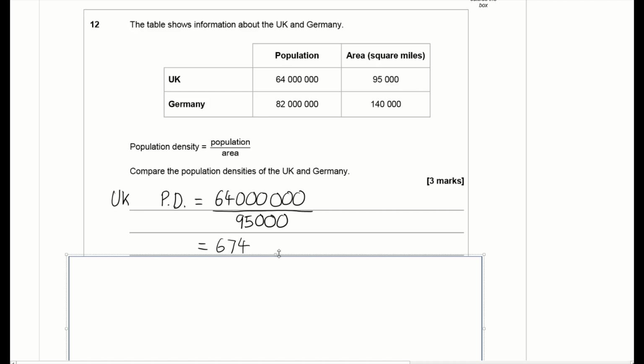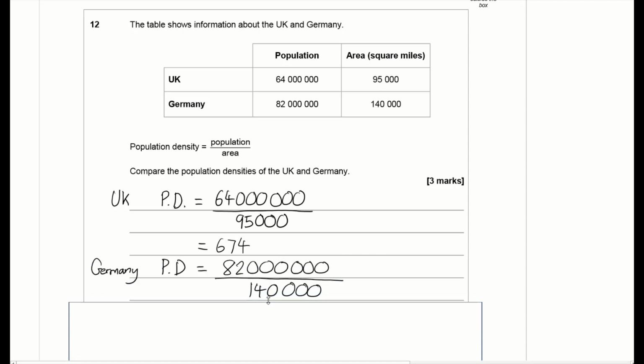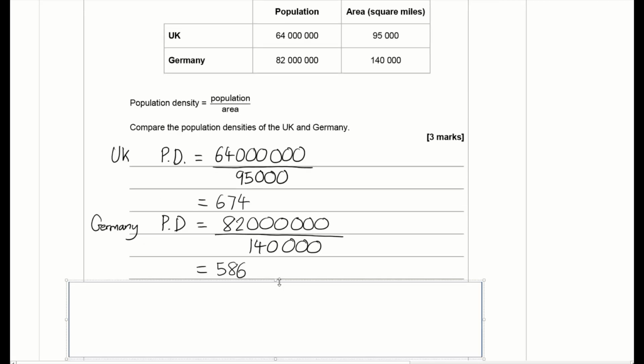Because it was a comparison problem, there's no point in just writing this number to as many decimal places as the calculator shows. 674 as a rounded figure is more than is required for this problem. We then do the same for Germany, 82 million divided by 140,000, and for that we get an answer of 586. So what you can see here is that the population density of the UK is greater than that of Germany. So that would be your final statement there.